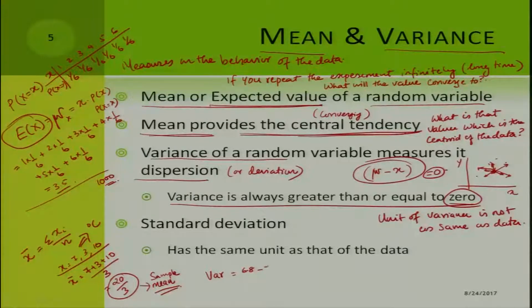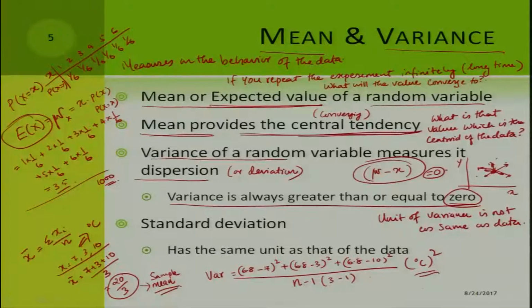It will be 6.8 minus 7 squared plus 6.8 minus 3 squared plus 6.8 minus 10 squared, divided by n minus 1, which will be 3 minus 1. That will give you the variance. The unit of this variance will be degrees Celsius squared, because you are squaring the whole thing. This cannot be compared with the data value.